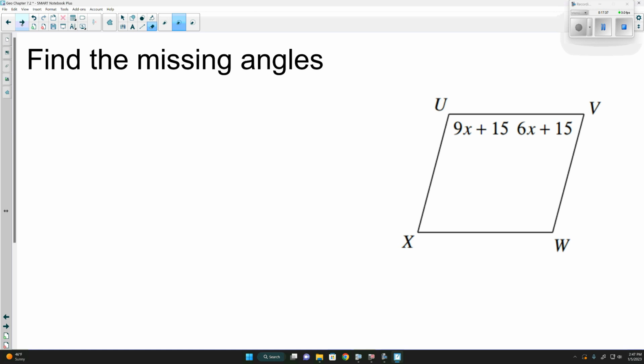With 9x plus 15 and 6x plus 15, they're consecutive interior angles, yes? So what do those two angles do? They're supplementary. They add together to be 180, so 9x plus 15 plus 6x plus 15 equals 180.